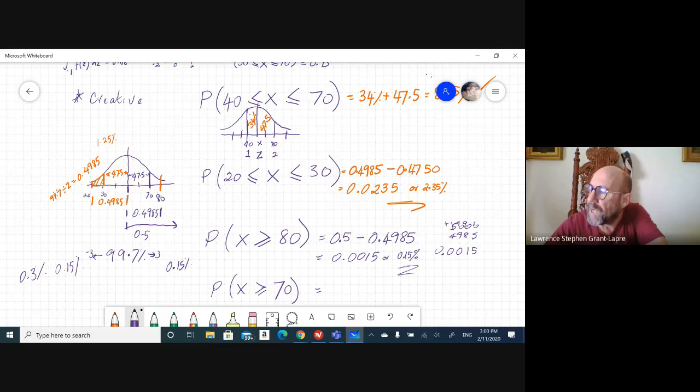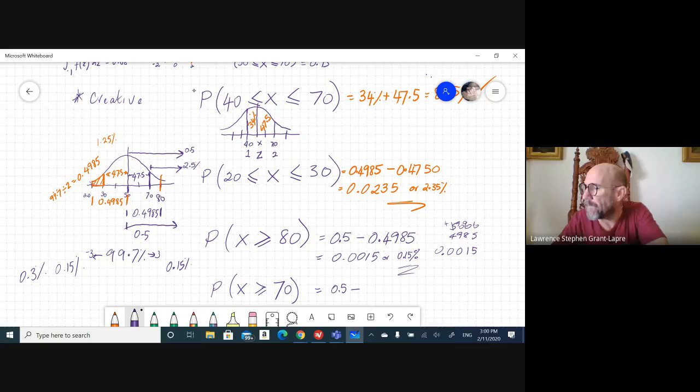So what will it be after 70? 0.5 is bigger than 50, and it's 0.475 between 50 and 70. So after 70, did you say 2.5?